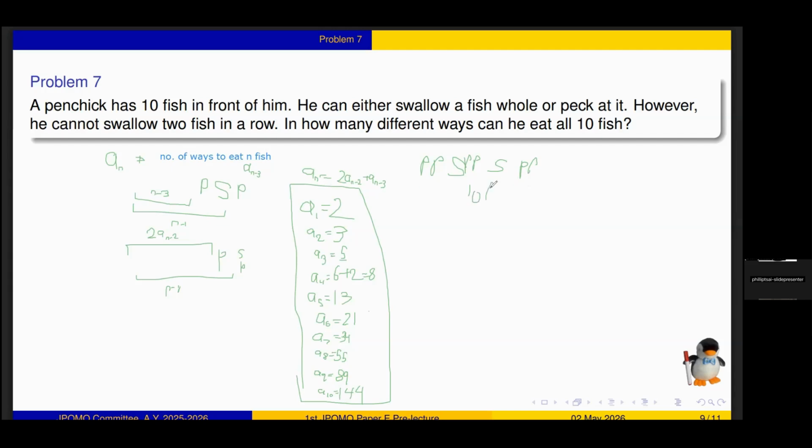So there are 10 fish, right? So in that case, you have to consider from one swallow to five swallows, right?